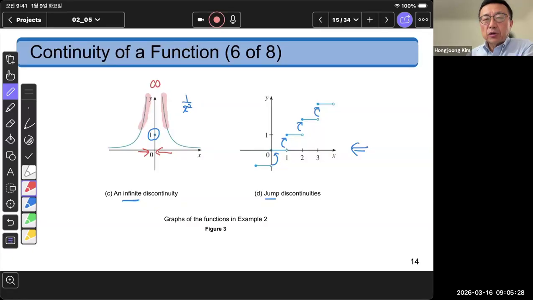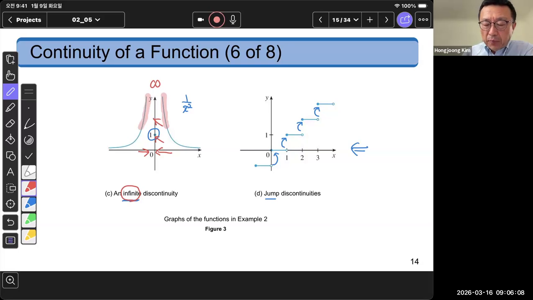So in that case, regardless of the value at zero, we cannot fix this discontinuity because the value of the function is infinite. Such a discontinuity is called an infinite discontinuity, meaning one of the left-hand limit or right-hand limit of the function becomes infinity as x approaches a certain value a.